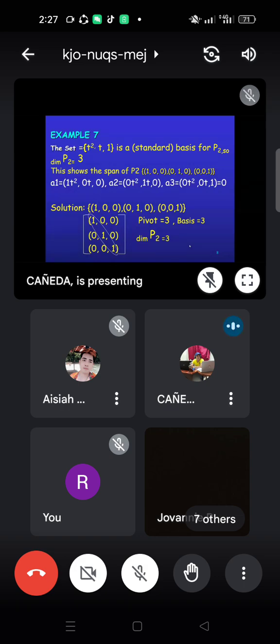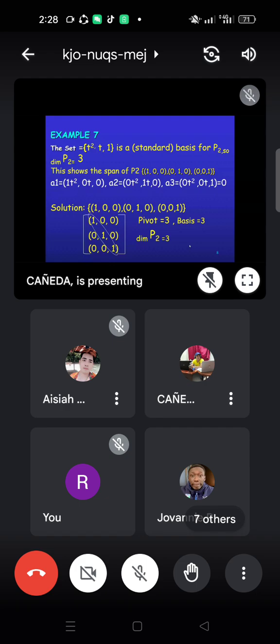this, we form it from the definition into a matrix form.